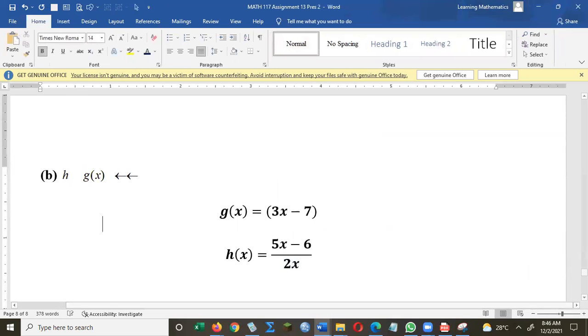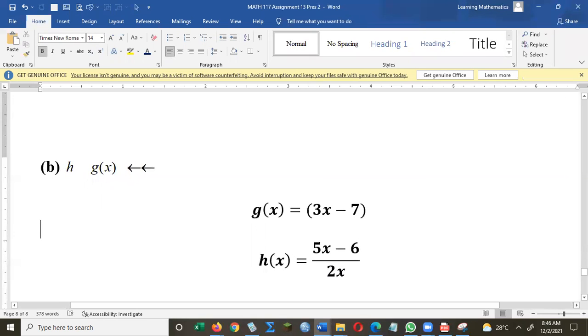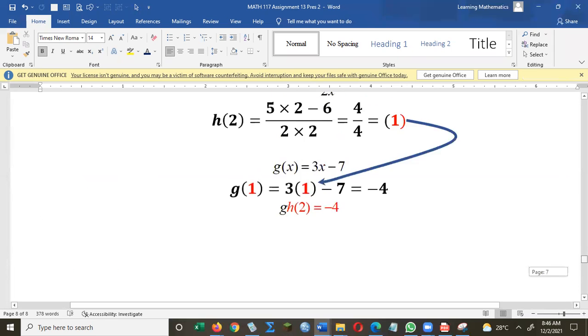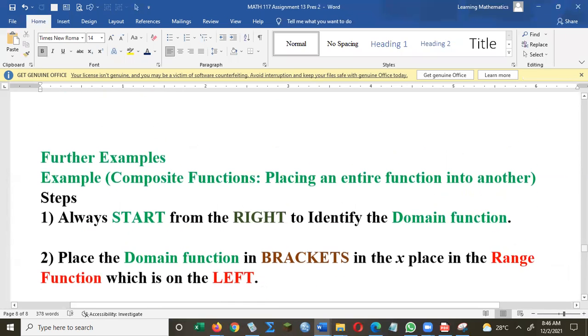Composing means, basically, in a nutshell, placing an entire function into another. Composing functions means to place a function into another function.